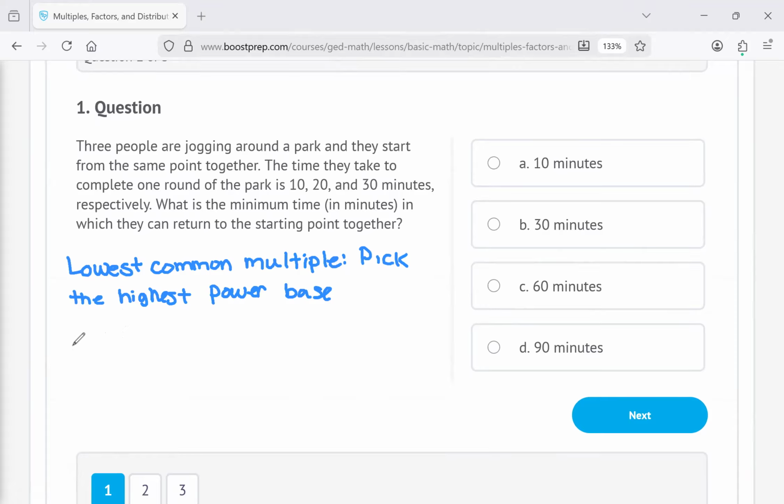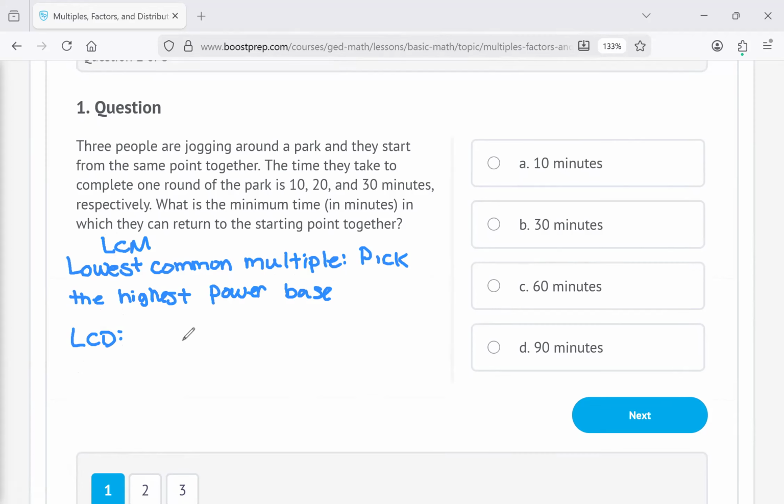Next, they might ask for the LCD. That's not the same thing as the lowest common multiple, or LCM.